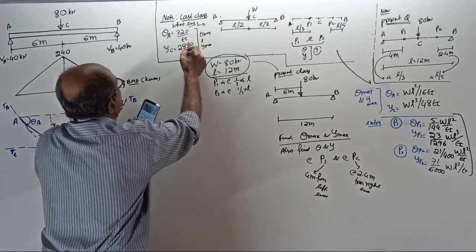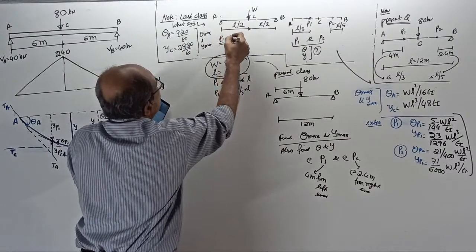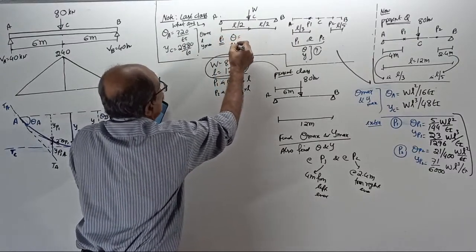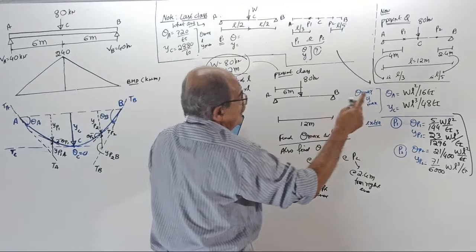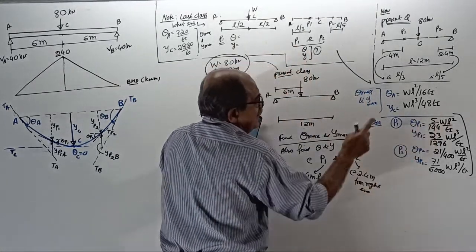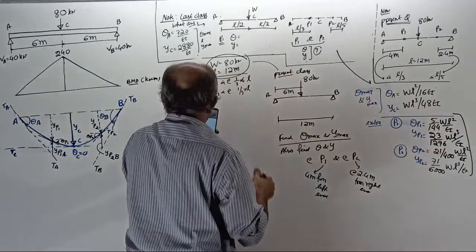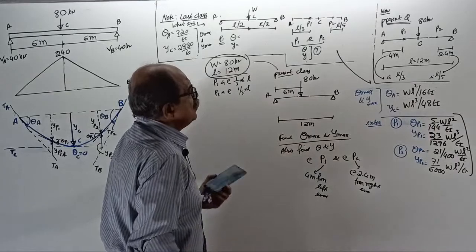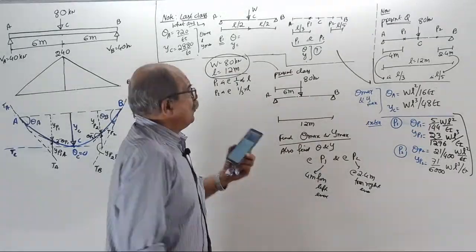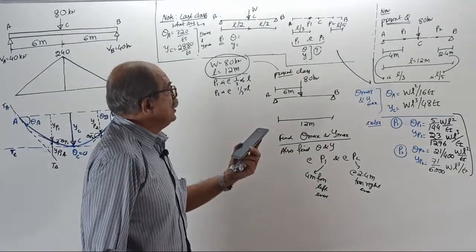2880 by EI. And at that point P1, tell what theta should come, what Y should come. Tell the answer. 80 into 12 square into 5 by 144.